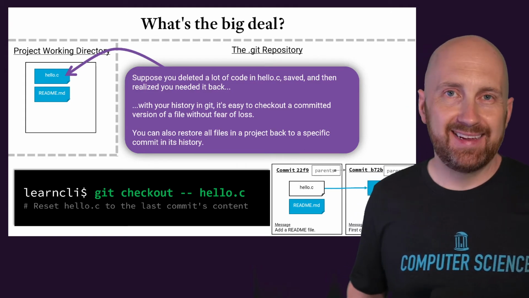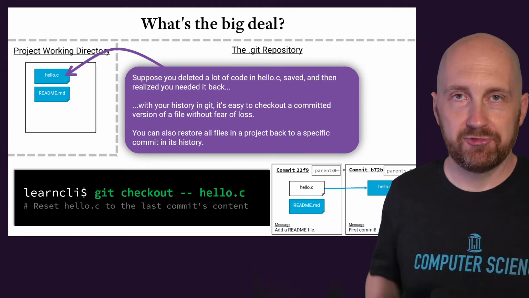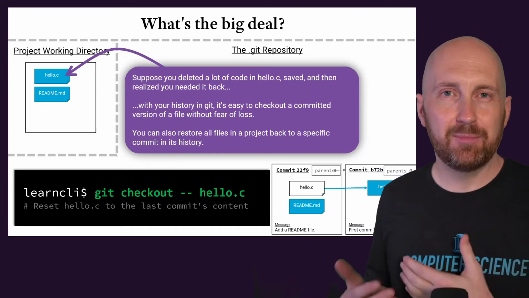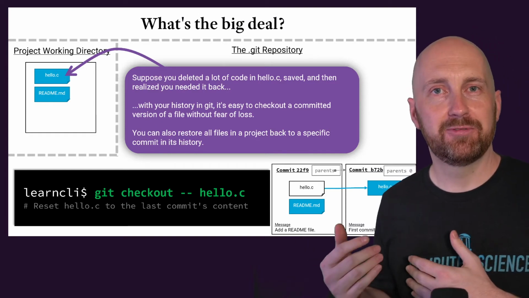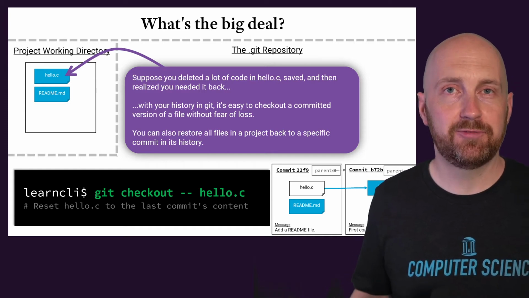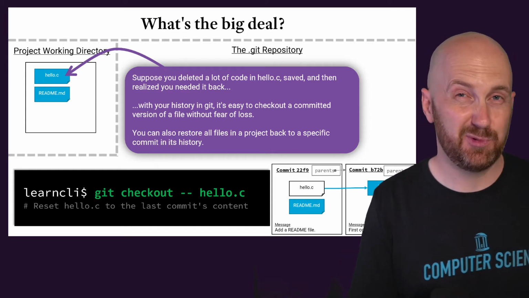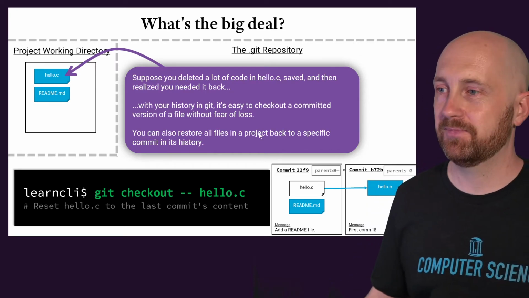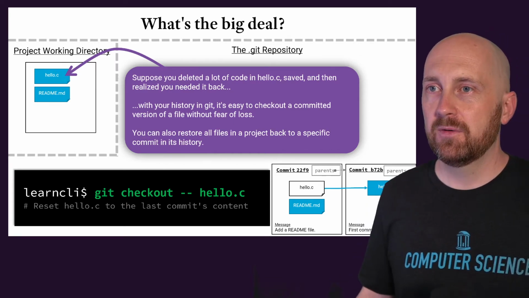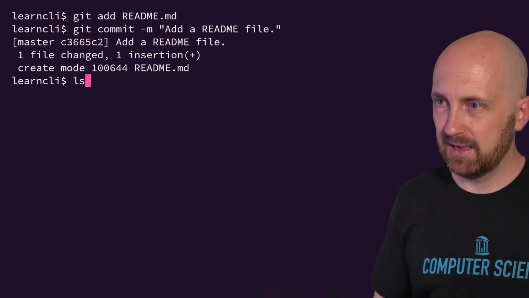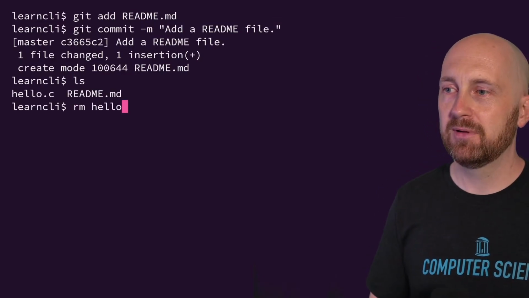So let's try deleting a file and recovering it and seeing just how that works. The same process would apply if we had made some changes that we wanted to revert back. We didn't want to make those changes. We accidentally deleted things, and not only did we delete some things, but we saved over our previous copy, right? So I'm going to go back to my terminal, and I'm going to remove hello.c.